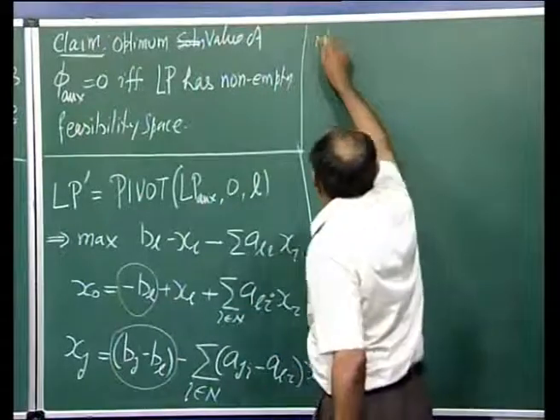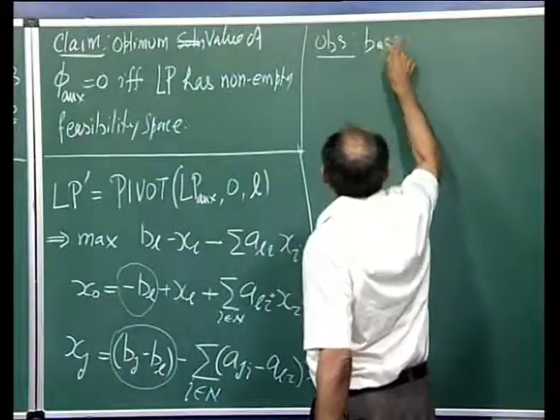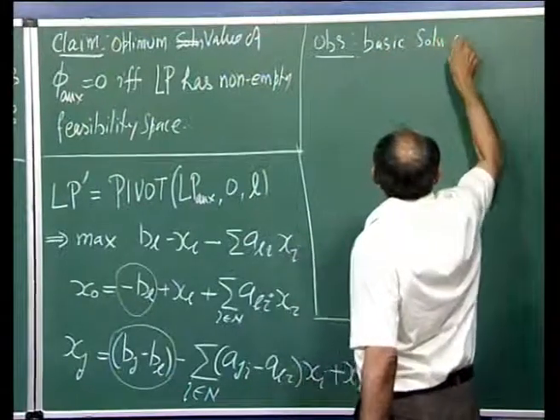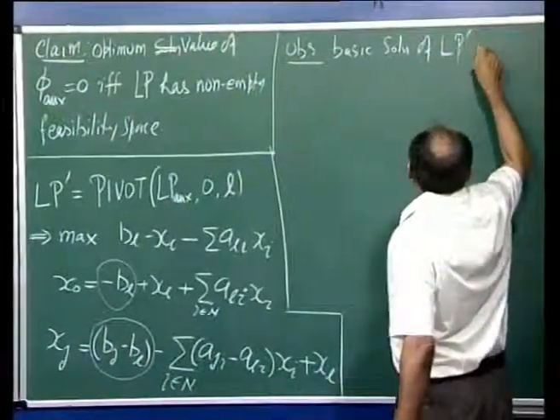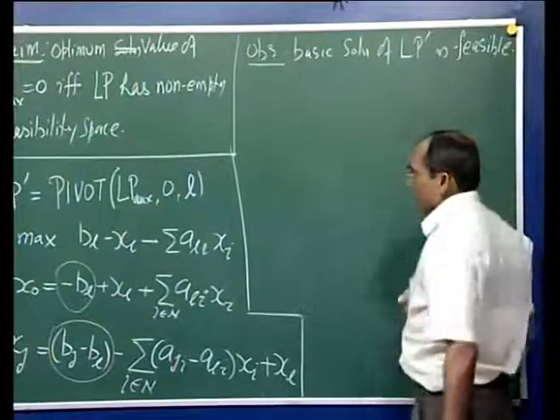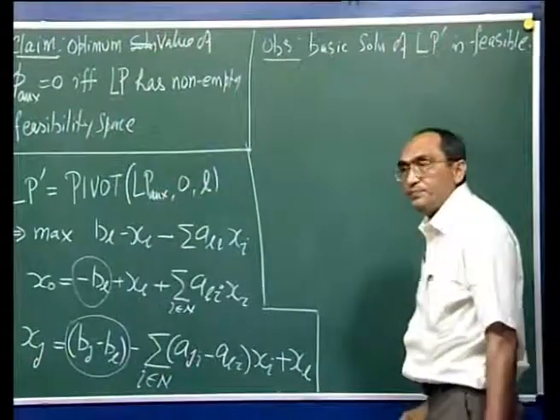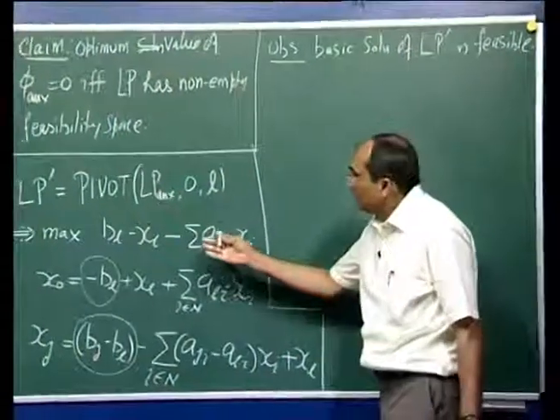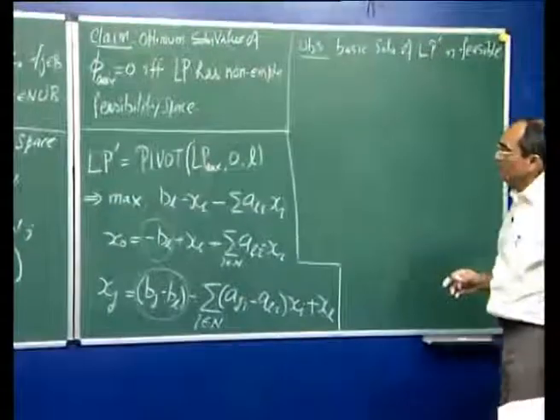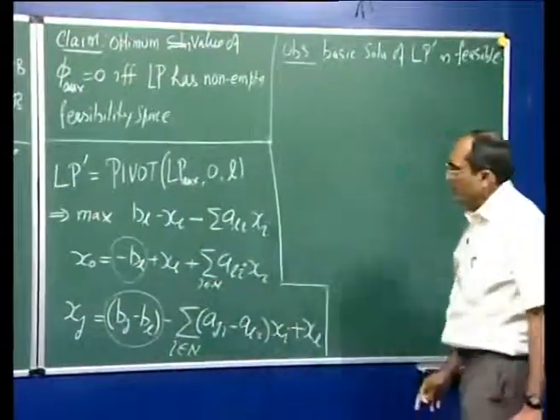So we observe that the basic solution of LP prime is feasible. Hence, we can actually run the simplex program starting from LP prime. All right.